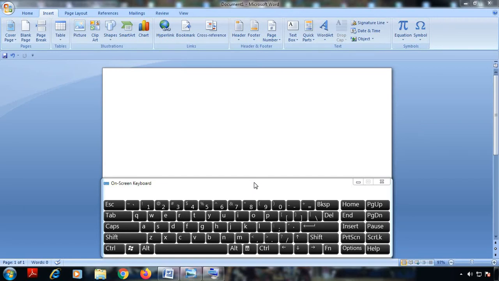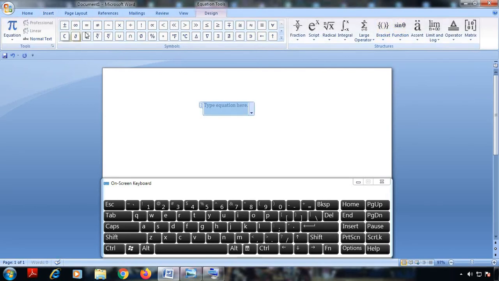So whenever you are supposed to write the equation in your report, we generally go on to this equation tab, and then here we can find a lot of symbols and we can make use of those symbols as per our convenience.